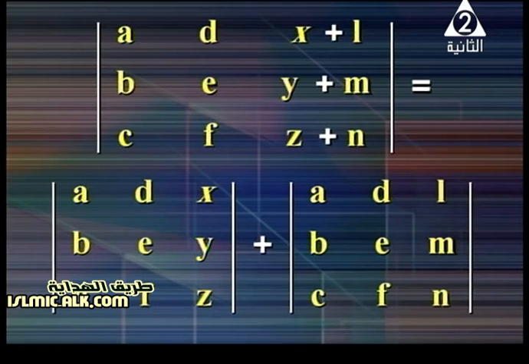We can divide any determinant into two determinants. The first and second columns are the same, but the third column we divide: x plus 1, x in the first, 1 in the second; y plus m, y in the first, m in the second; z plus n, z in the first, n in the second.